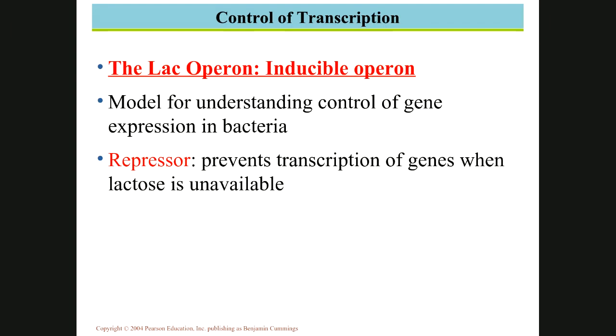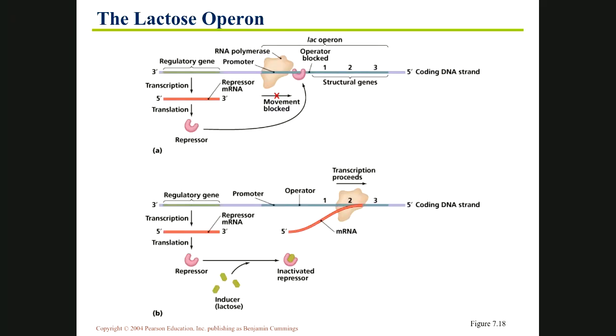The lac operon is an inducible operon. In this case, our repressor is going to be turned off. Typically the lac operon, or lactose operon, refers to the series of genes that bacterial cells need to process lactose.